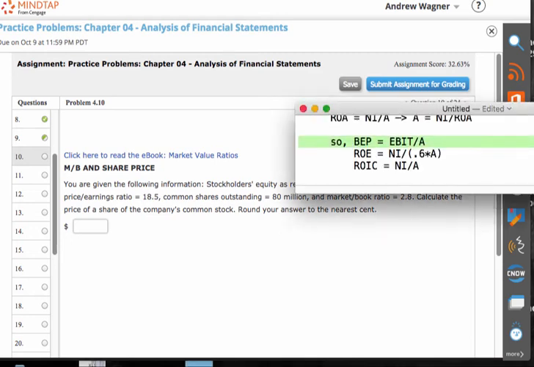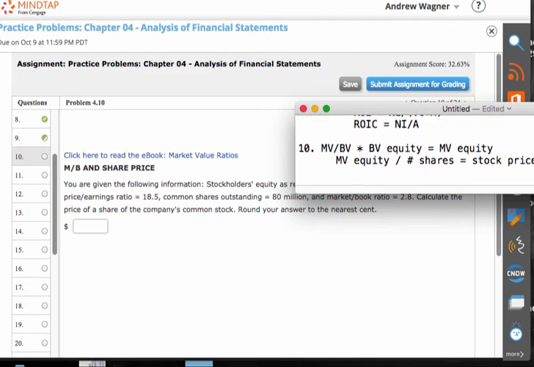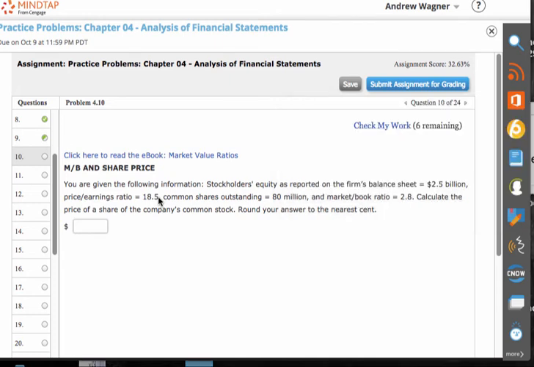Now for this, we're given the market to book value ratio, and we also are given the book value of equity. So if we multiply the market to book ratio times book value of equity, we should get market value of equity, right? So market to book ratio is 2.8.